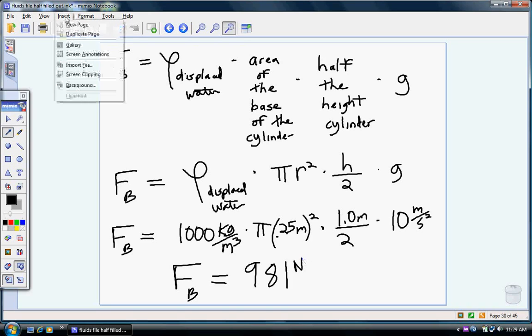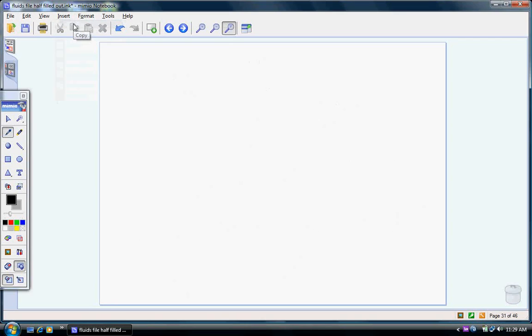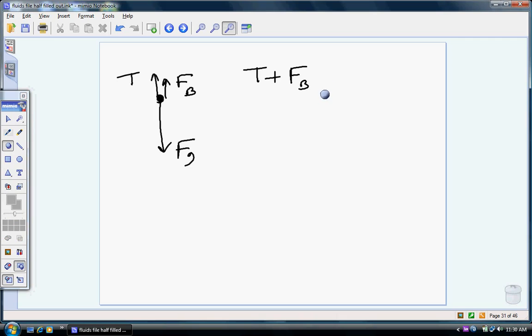So now to bring it on home. Remember, we looked at the cylinder, and the whole weight is going down, and we have the tension holding up some of the weight, and we have the buoyant force holding up the rest. So the tension plus the buoyant force is equal to the weight of the whole cylinder. So the tension is going to be equal to the weight of the whole cylinder minus the buoyancy force.